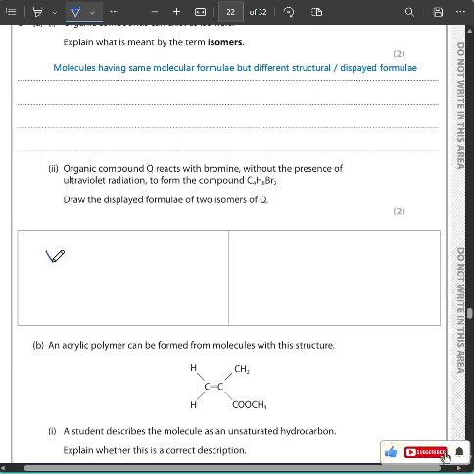The first one should be like that: C, H here, double bond, one hydrogen atom here, carbon, and one another carbon.